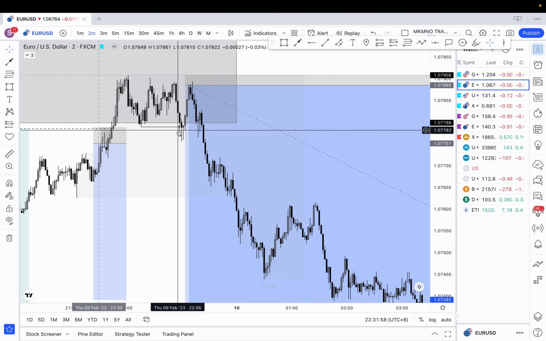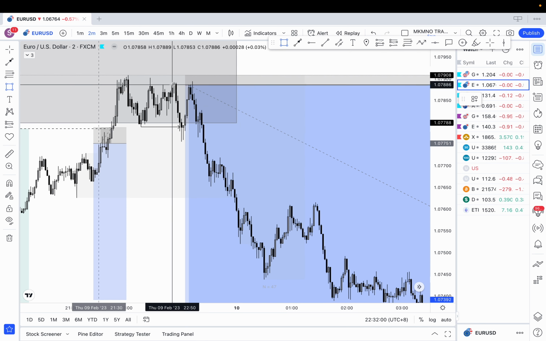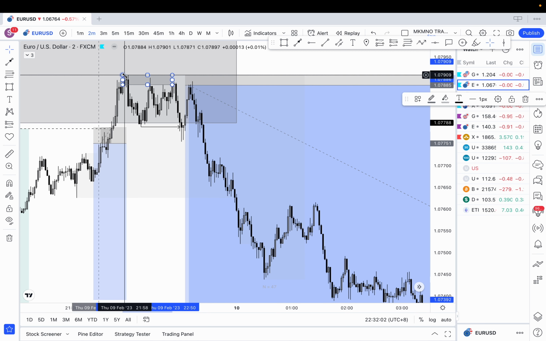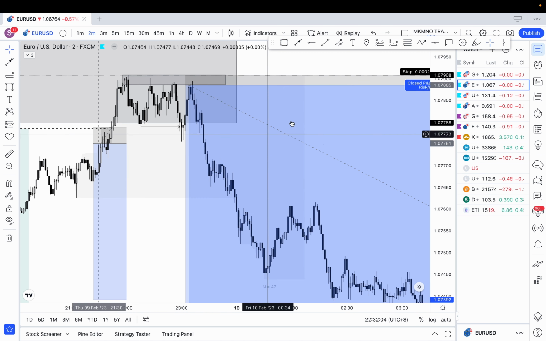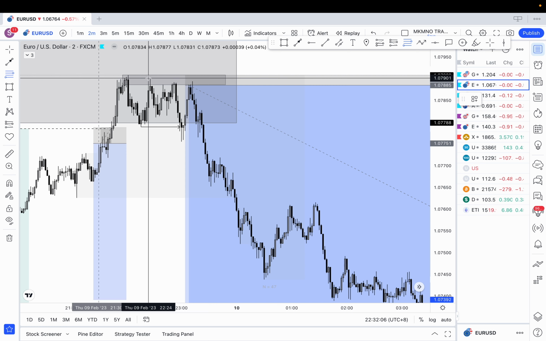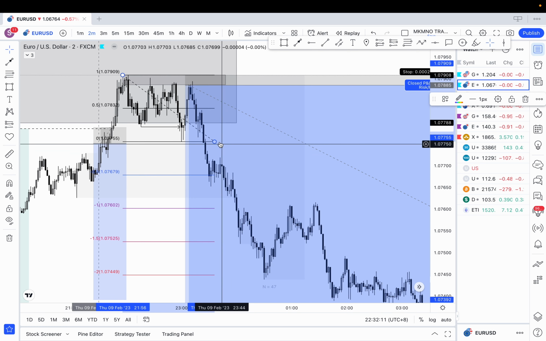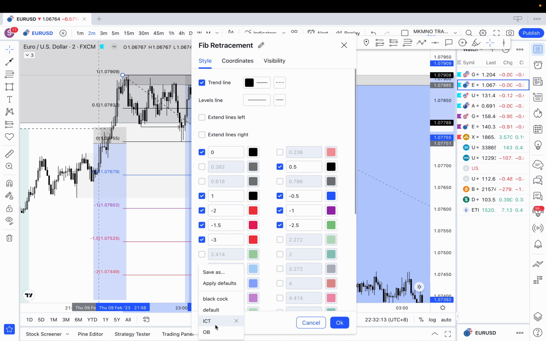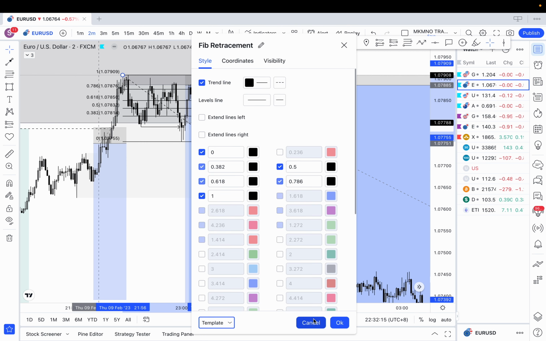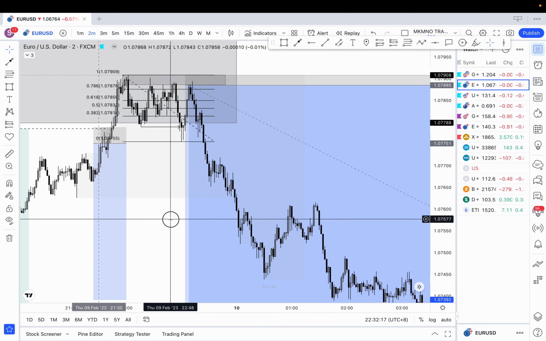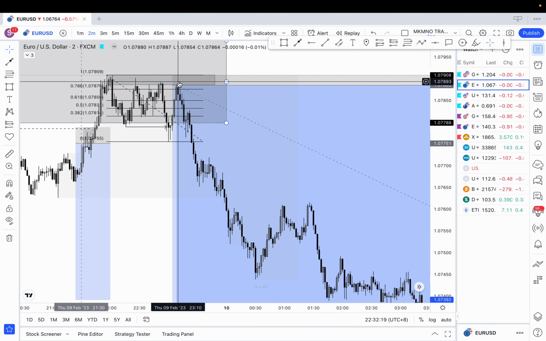After I saw this area, there was an order block right here. If you look at the high to the low, price did tap on my 786.